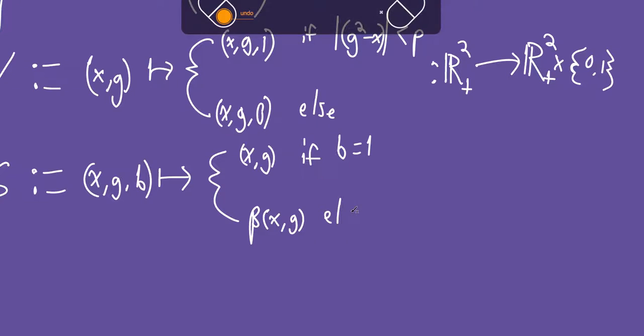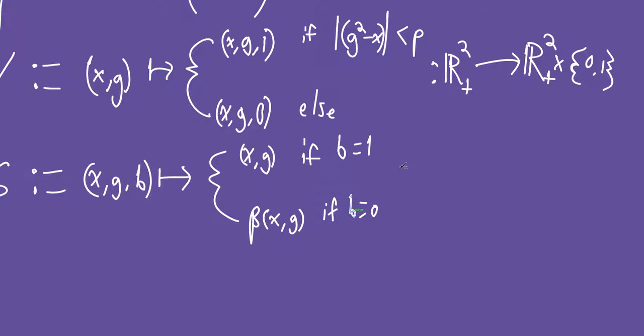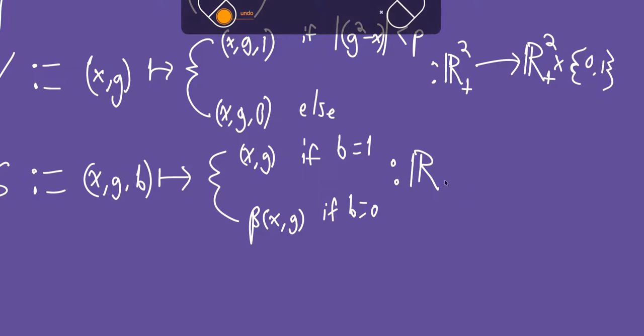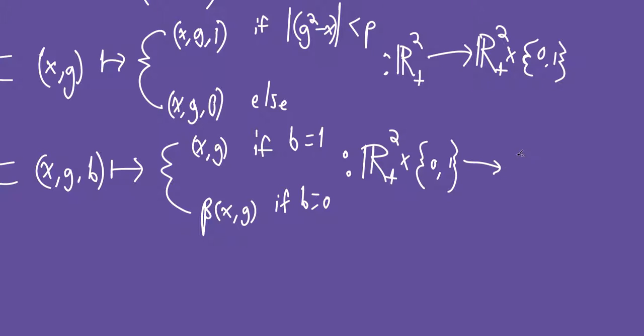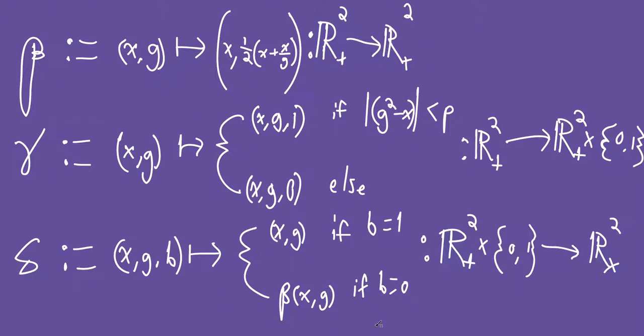You could say else here. Really, what that means, because there's only going to be 2 choices, is if b is 0. And to the surprise of I hope no one, let's be consistent, the positive R2 cross 0, 1. So that's what b represents, that value that's in 0, 1, into a range of R2. Bingo, we have our 3 functions.